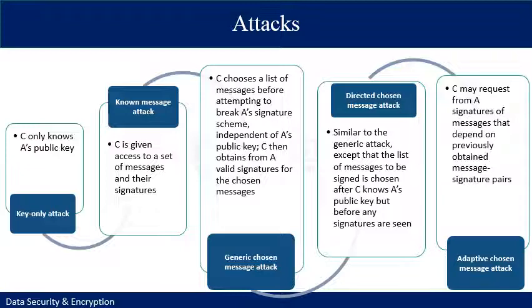The final attack is the adaptive chosen message attack. In this case, the attacker is allowed to use A as an oracle. This means that the attacker may request A's signatures of messages that depend on previously obtained message-signature pairs.